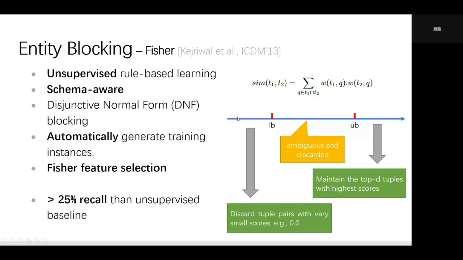Also, some negative pairs are selected, and they discard some pairs with very small scores, such as 0. In experiments, Fisher shows that the recall is 25% higher than the unsupervised baselines.